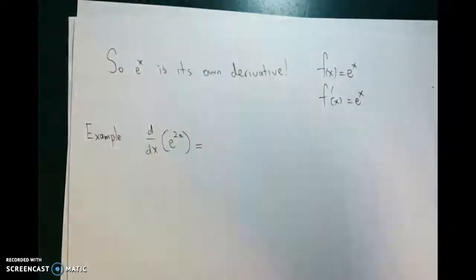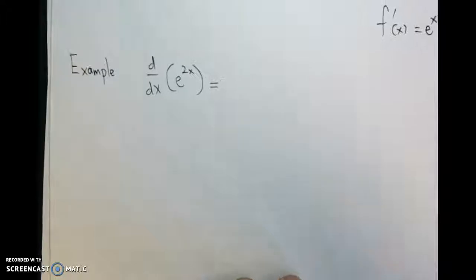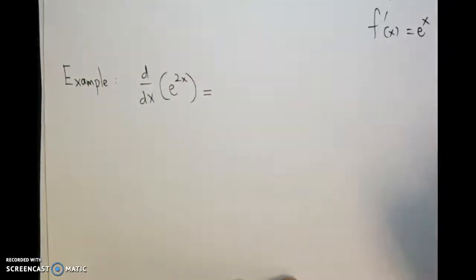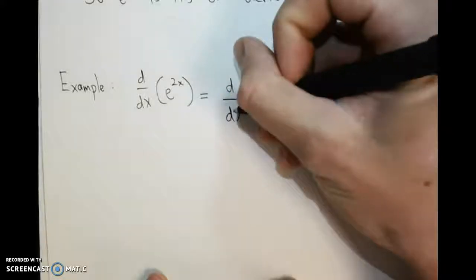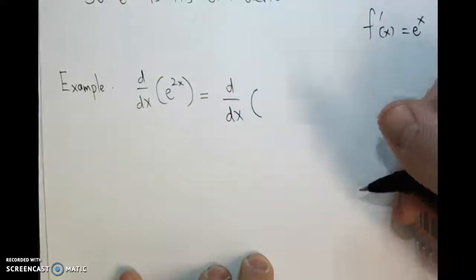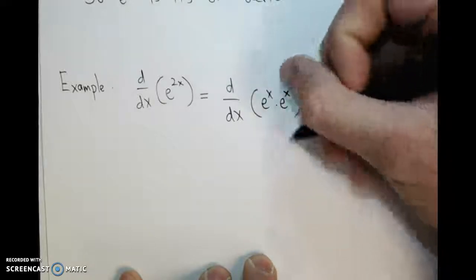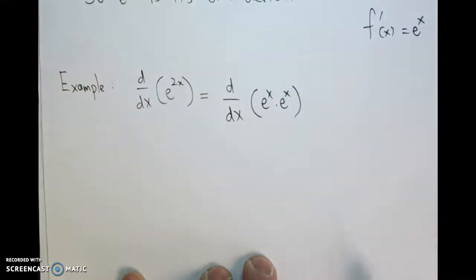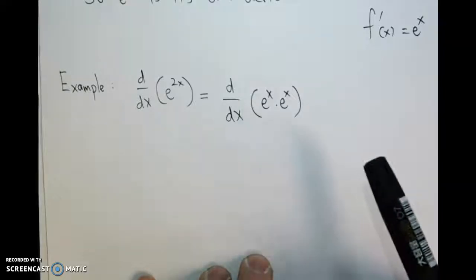Find the derivative of e to the 2x. I want to do this with just the product rule. I don't want to use the chain rule yet. The way I'm going to do this is first rewrite e to the 2x as e to the x times e to the x. Again, I'm just using the exponent rule that we used on the last page.